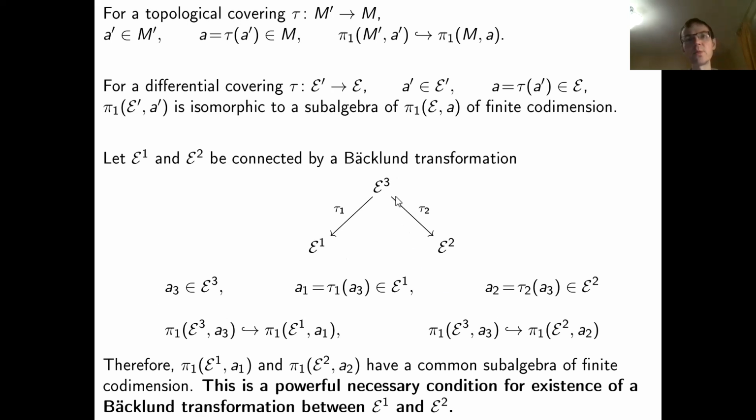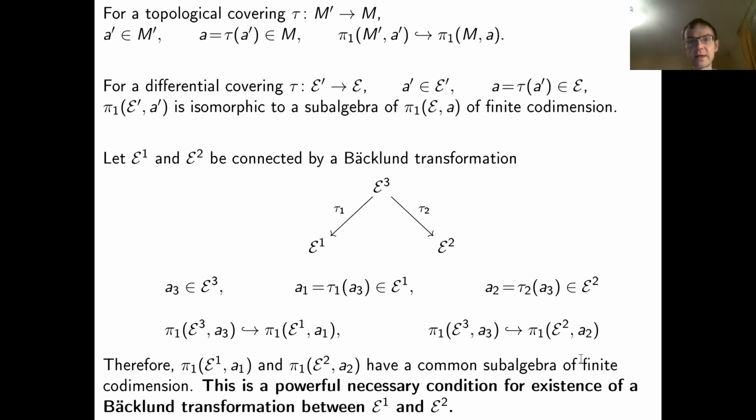By the above property, we get an embedding of the fundamental algebra of E3 into that of E1, and an embedding of the fundamental algebra of E3 into that of E2. And both embeddings are of finite codimension. Therefore, these two fundamental algebras have a common subalgebra of finite codimension.